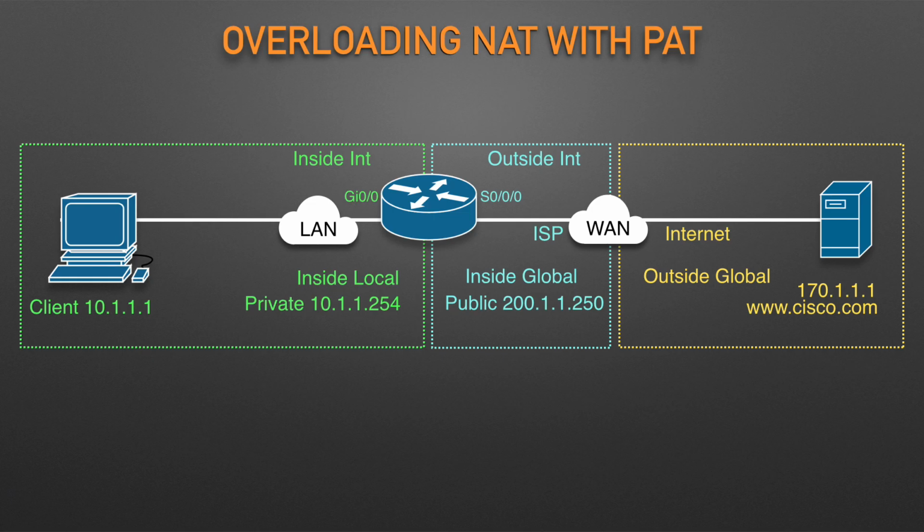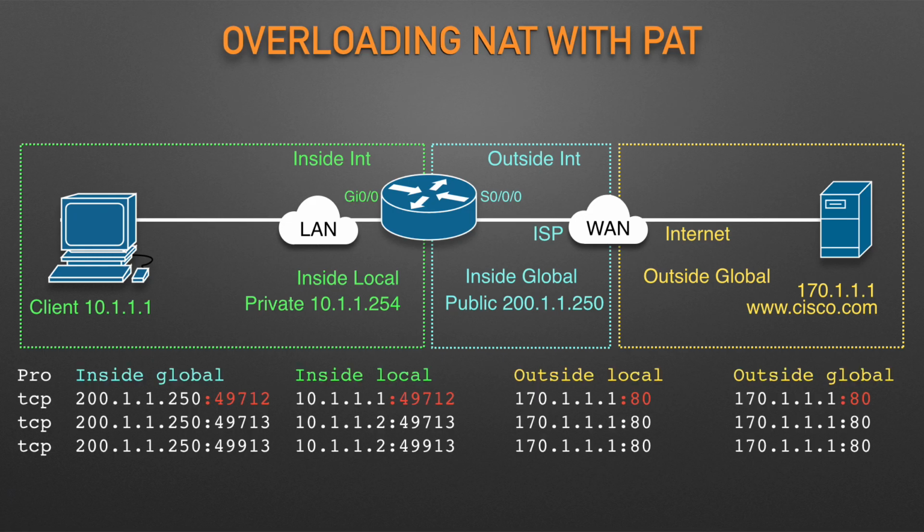The key to understanding how overloading works is to recall how hosts use TCP and User Datagram Protocol, UDP, ports. NAT overload translates not only the address, but the port number when necessary, making what looks like many TCP or UDP flows from different hosts look like the same number of flows from one host. When PAT creates the dynamic mapping, it selects not only an inside global IP address but also a unique port number to use with that address.